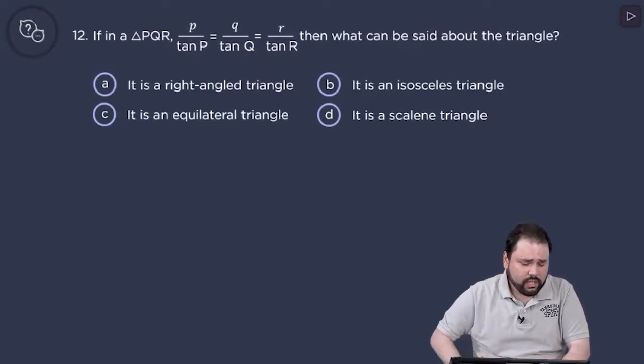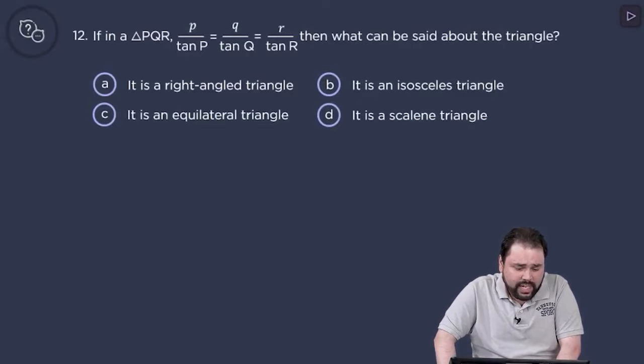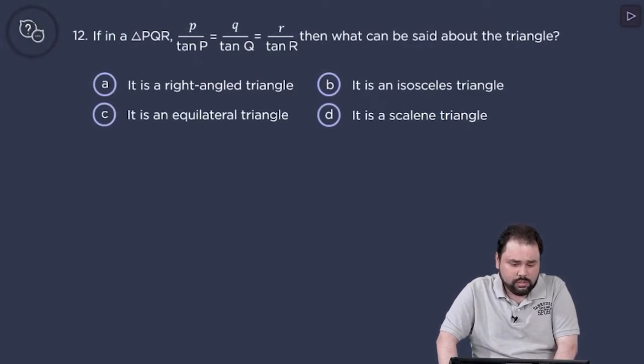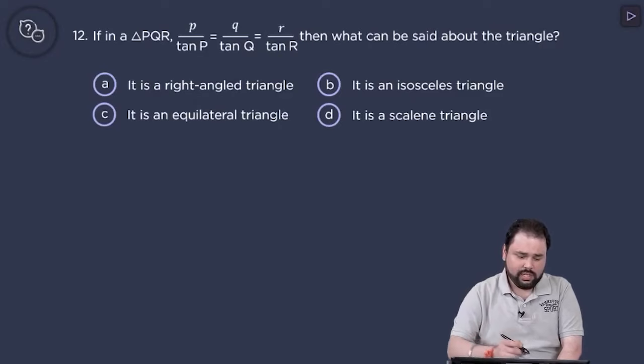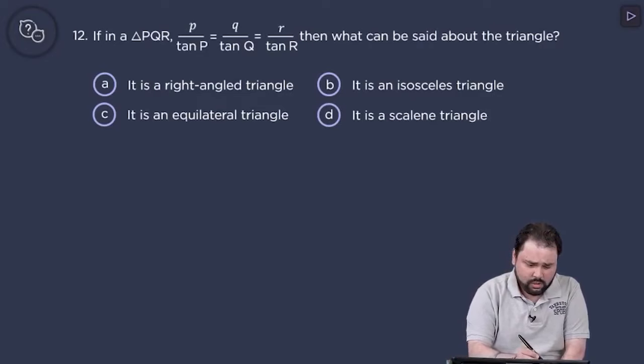Direct. Okay. If in a triangle PQR, P by tan P is equal to Q by tan Q is equal to R by tan R, what can be said about the triangle? Let's put some value. It's a triangle. Easiest way to check is, let's check for equilateral. Let's put 60, 60, 60.